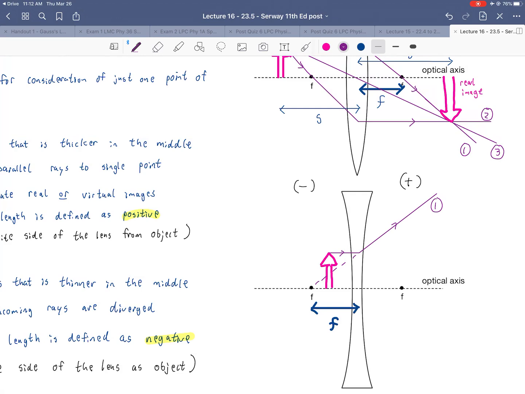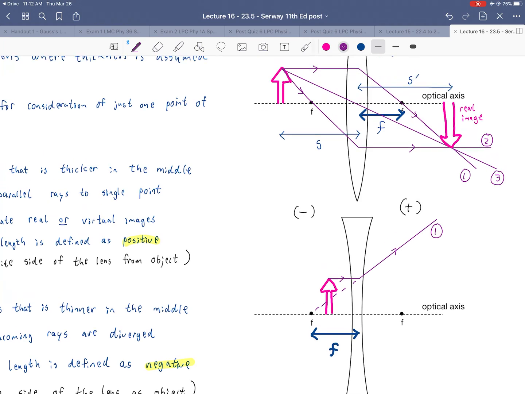The second one was the one that passes through the focal point and then goes parallel. So that one would be like so. That one's going to want to come out parallel. So it'd be like this. No, that's not quite right.